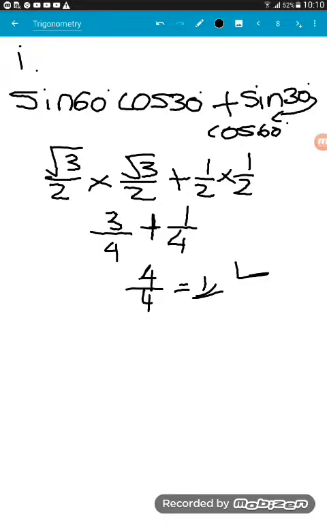Now we will look at the second question or the first part.